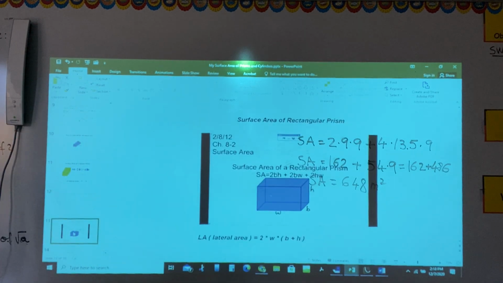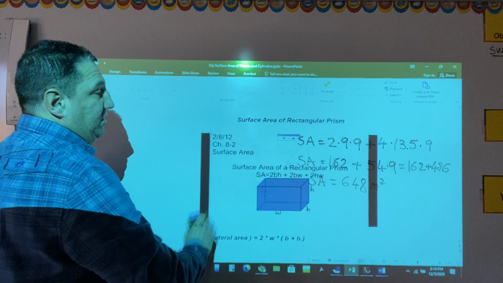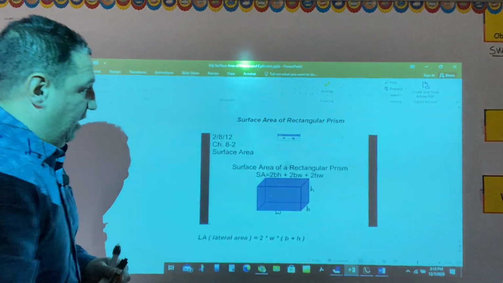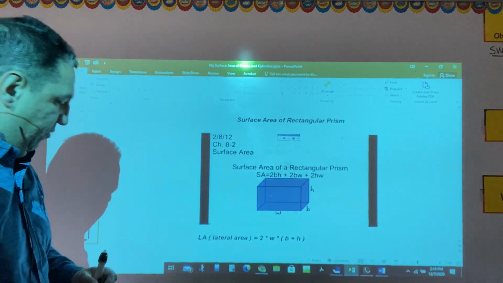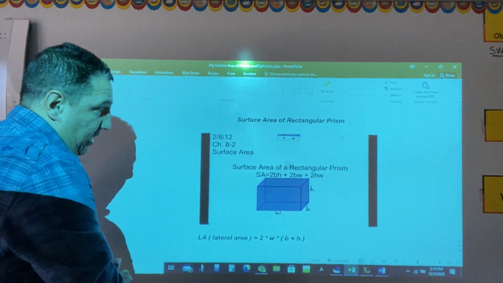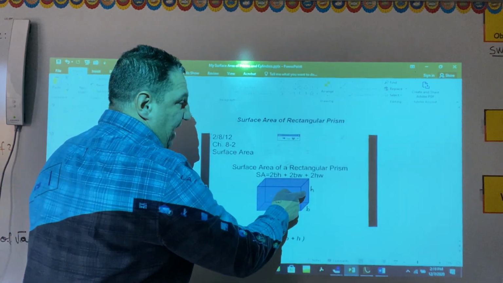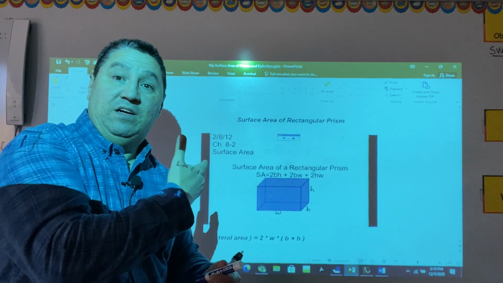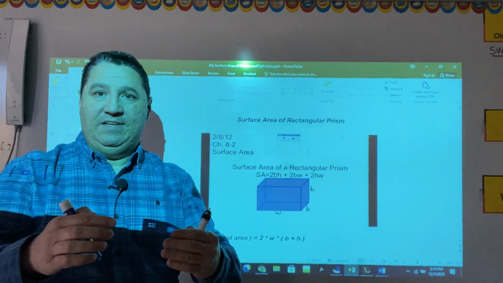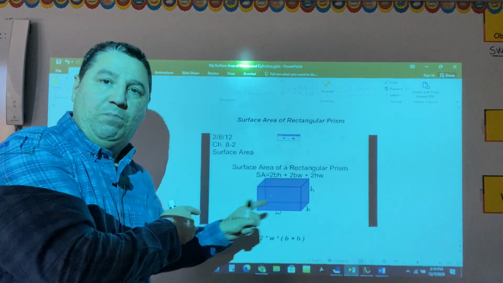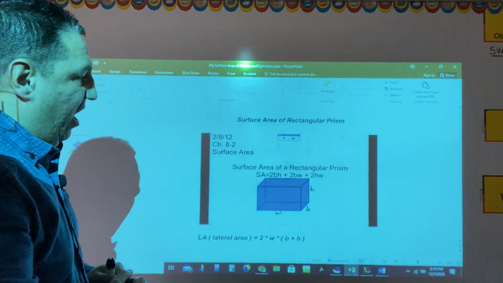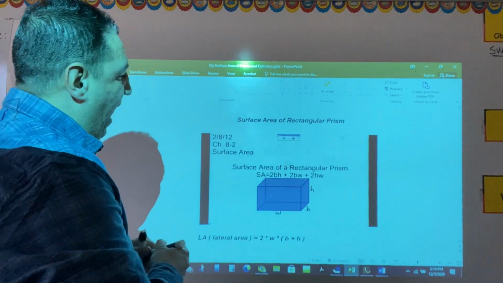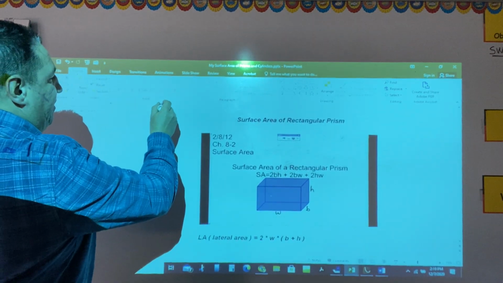Another type of prism is rectangular prism. For a rectangular prism, we have bases, ends, in the form of a rectangle. Remember, the name of the prism is given by the name of the base. Now, for such a prism, we have a formula for surface area.